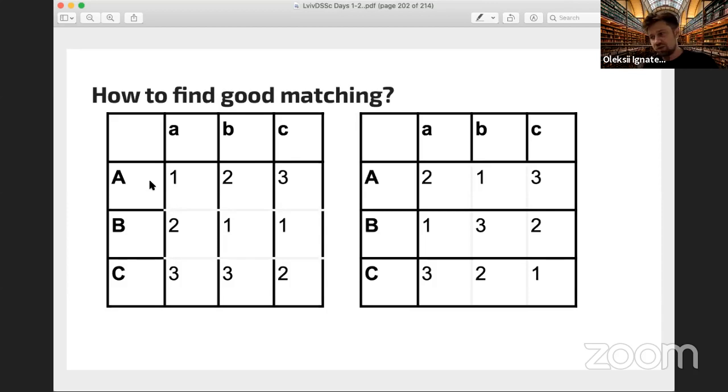The original paper is called the marriage problem, but they used it also for student, high school, and college education matching. For simplicity, let's consider that we have three pairs, and it's not actually easy to produce a good matching if you have many different participants.